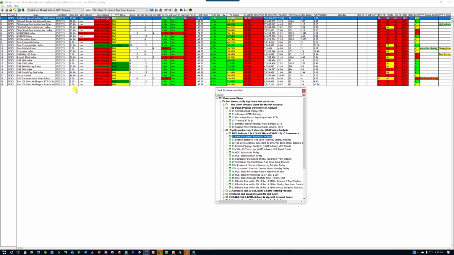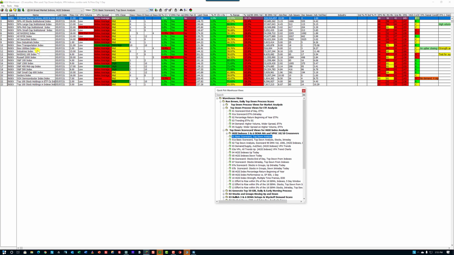So this is the way these indexes stand today, and I already pointed out the advancers versus decliners. This is the beauty of HGSI now. When it was the end of day program, we were limited to end of day information, but by rebuilding like I just showed you, you can have intraday information and get a feel for the markets.